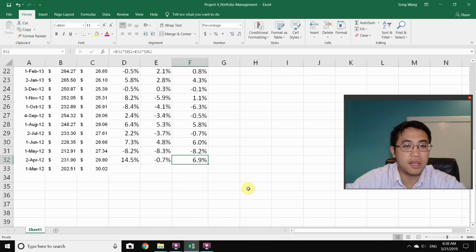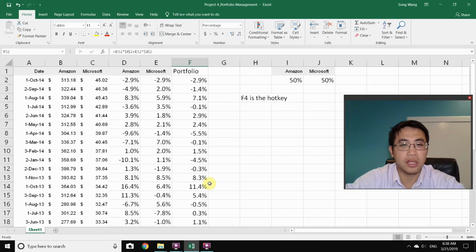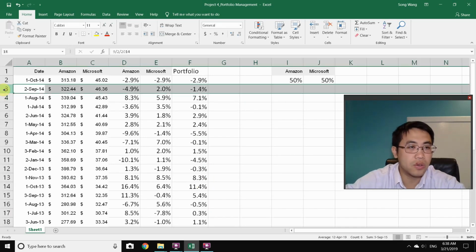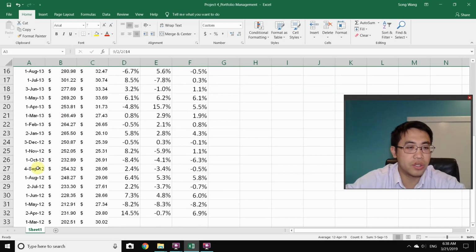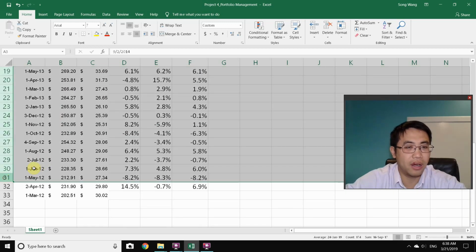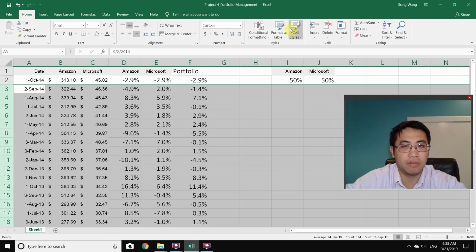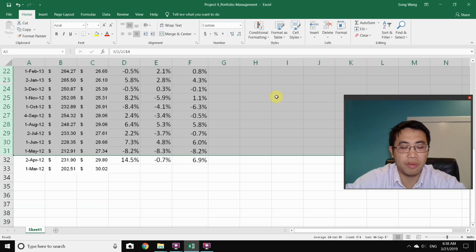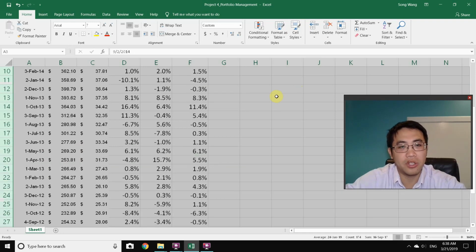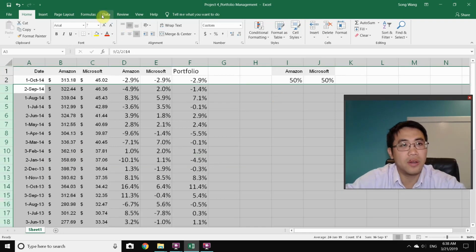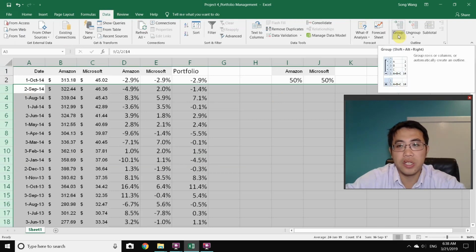Okay, so the next step is to analyze the risk and return features of the stocks as well as the portfolio. So what I'm going to do here is select all the rows, because I'm not going to use every row here, and it hurts my view if I keep scrolling up and down. So I'm going to select all the rows and then hit Data, and we learned this skill in our first Excel project.